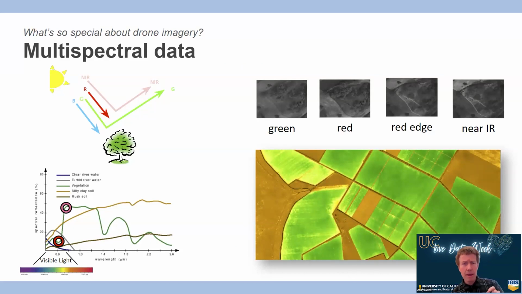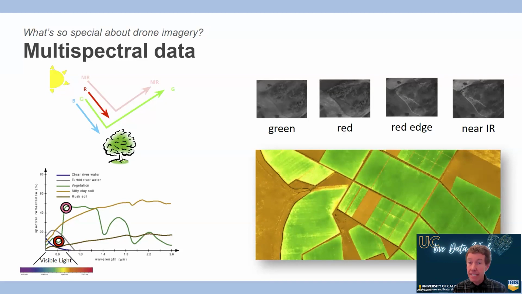But let me also talk about multispectral data, because the cameras that you can put on a drone don't just have to be your basic RGB cameras. There are several sensors that are multispectral. That basically means they can record reflectance in parts of the spectrum that our eyes can't see. The sun is super bright, it's putting out all the wavelengths, and those wavelengths bounce off objects.